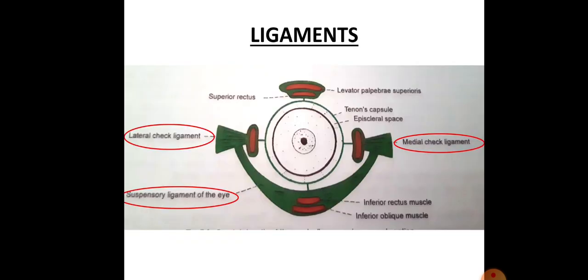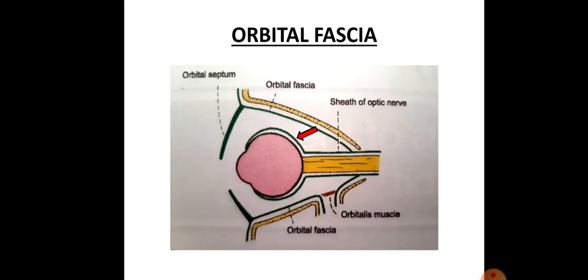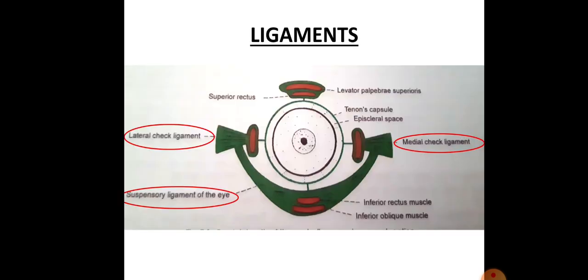This Tenon's fascia is pierced by the extraocular muscles during the insertion. So, at the insertion points, this Tenon's capsule forms a tubular sheath for each recti muscles. It also gives some extensions on either sides as ligaments.